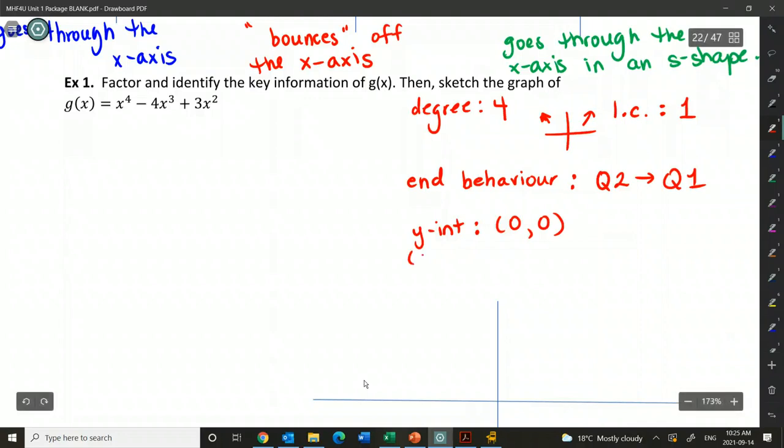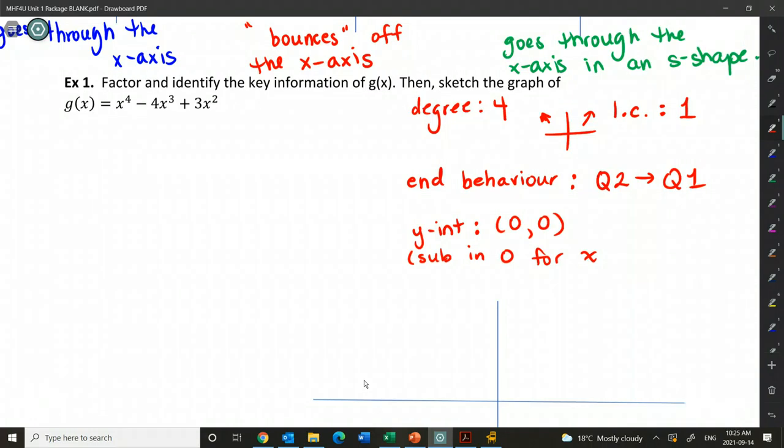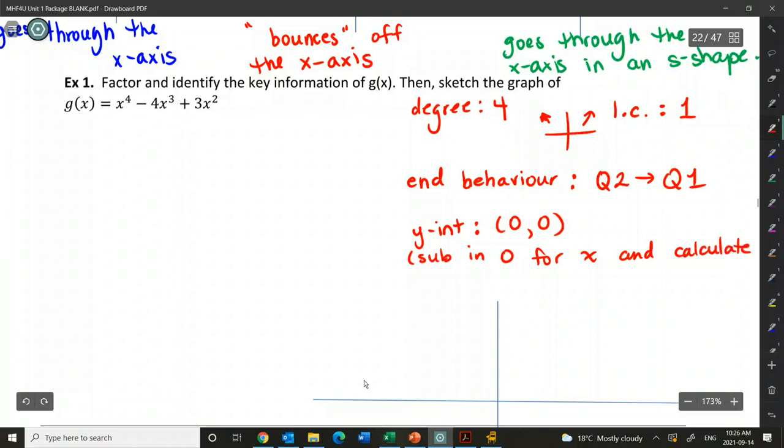Okay, so you can sub in 0 for x and calculate the y, or if you're in standard form, just look at the constant value. But this is like a foolproof method. If you just sub in 0 for all your x's and calculate, you can find the y-intercept in standard or factored form.